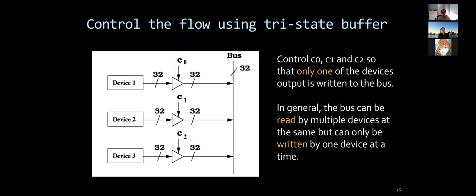So to control the flow using this tri-state buffer, if you have multiple devices, the control signals C0, C1, and C2 allow us to write into only one. The best way to think about the shared bus is that only one of the devices can write at any point in time, but multiple can read from different locations.